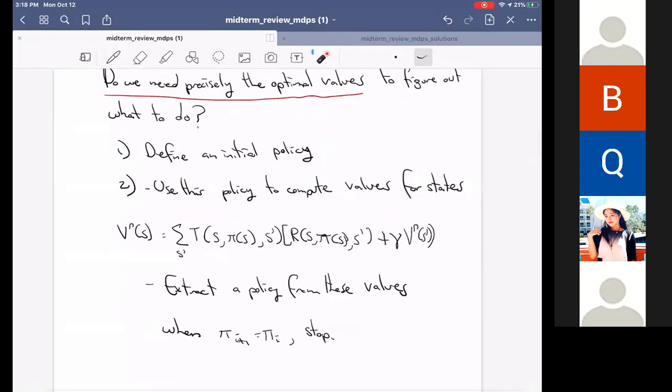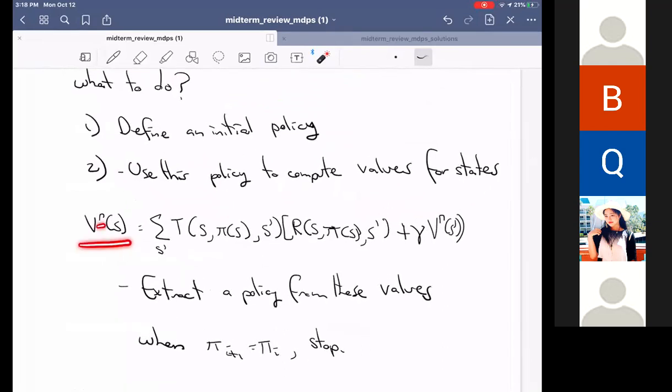The value of a state under this policy pi is just a regular value formula, except instead of maxing over all the actions, we take the action that this policy pi gives you, so pi of s. What does pi tell you to do when you're at state s? That gets rid of the max term that we usually have, and it allows us to do this value computation much faster.